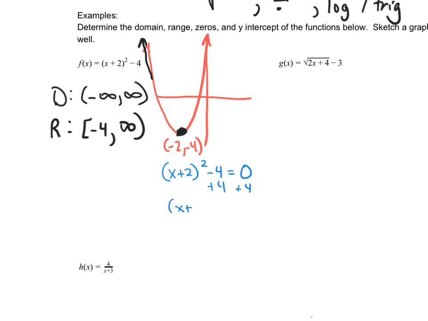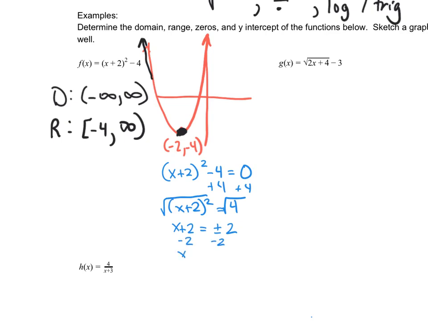So I have (x plus 2) squared equals 4. I now have a square, so the opposite of square is square root. So that's going to give me x plus 2 equals the square root of 4, which is plus or minus 2. When you take the square root, you always have to add the plus or minus.